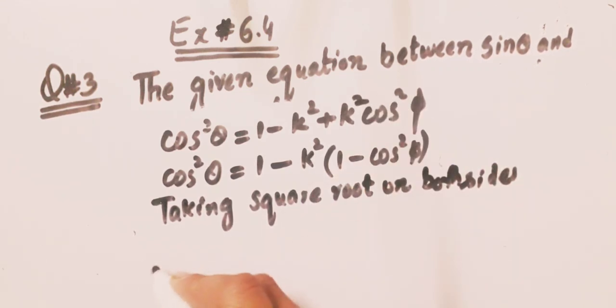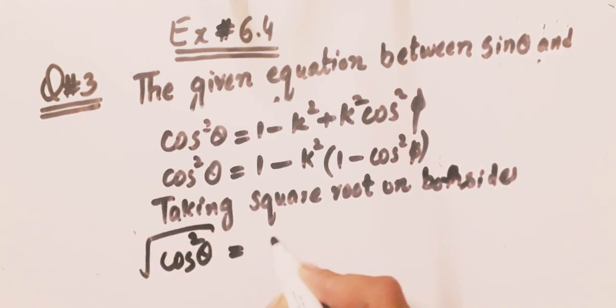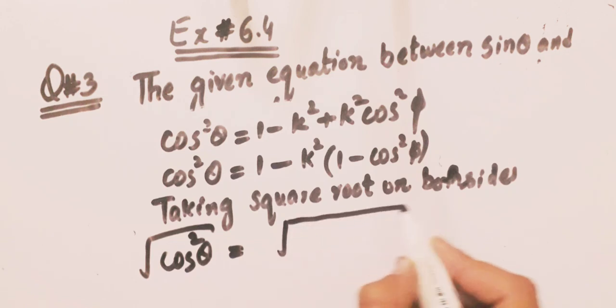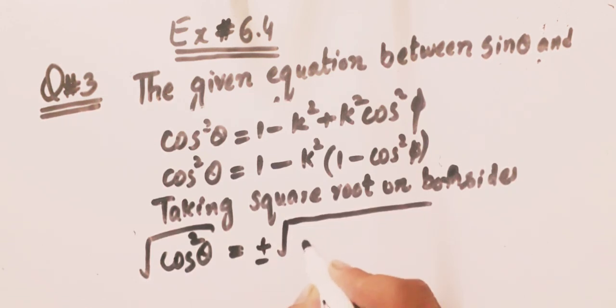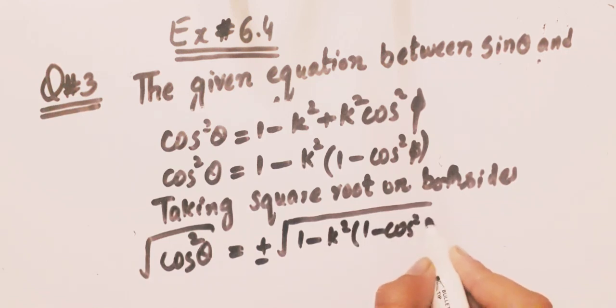Square root on both sides will become cos of theta is equal to plus minus square root of 1 minus k square into 1 minus cos square phi.